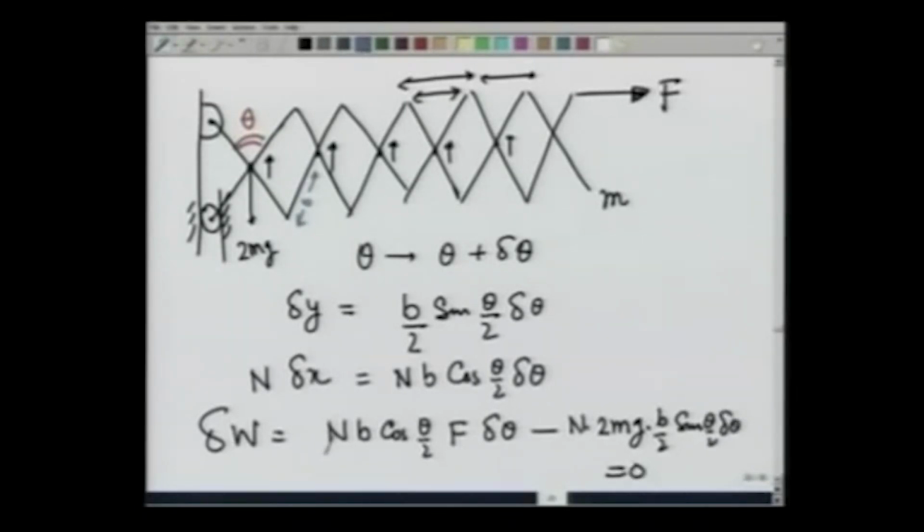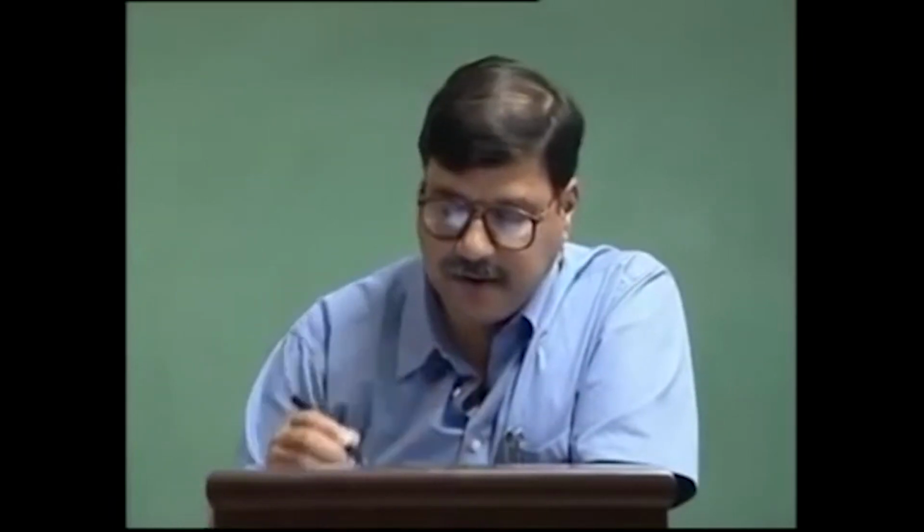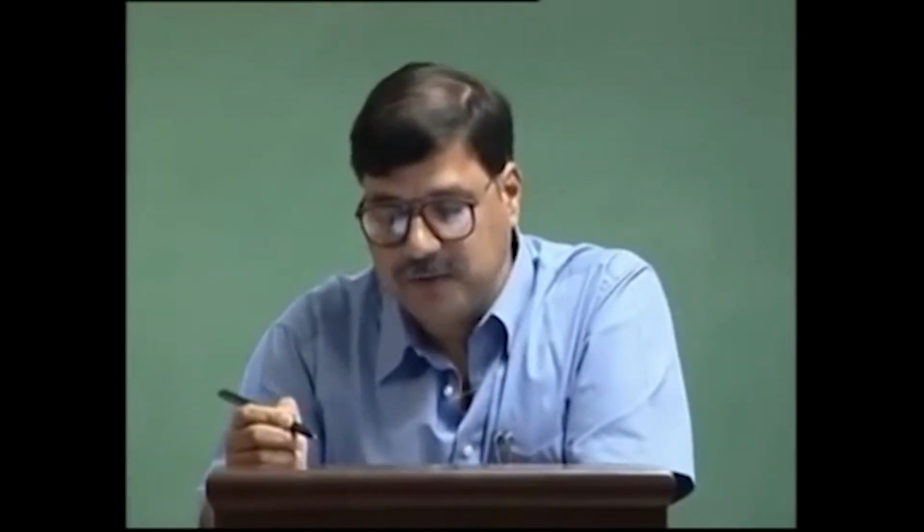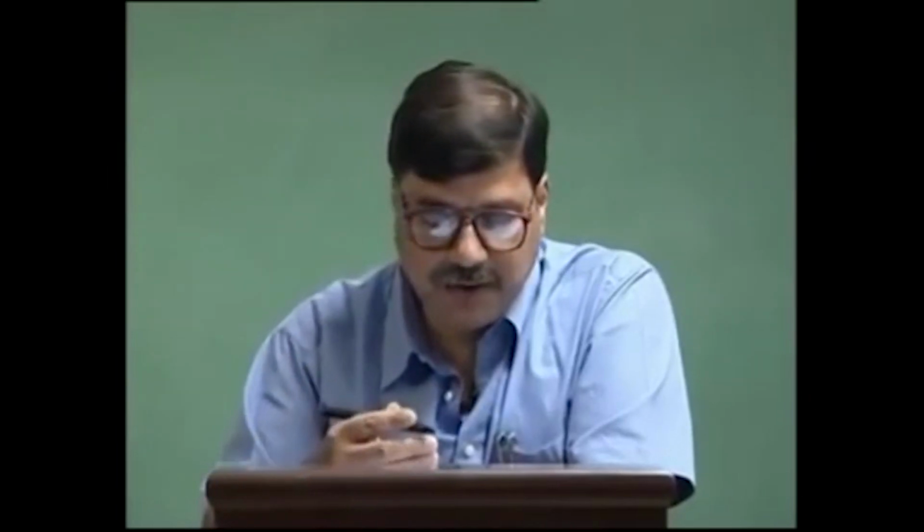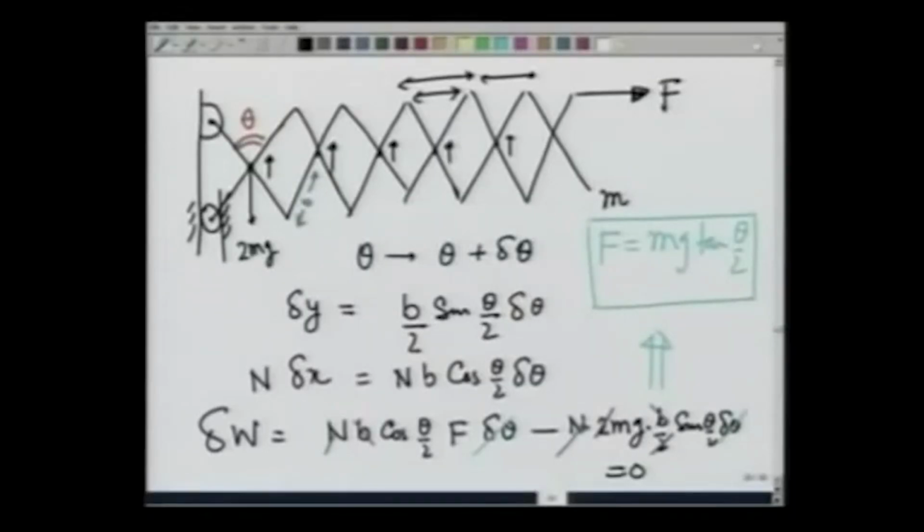This n drops out, 2 cancels, so does b, and so does delta theta, and therefore you again get F equals mg tangent of theta by 2. Same answer as earlier. So we figure out that no matter how long a link we make, the force required to keep the system in equilibrium is still mg tangent theta by 2. But you see how easy it was. We did it in 4 or 5 steps using method of virtual work.